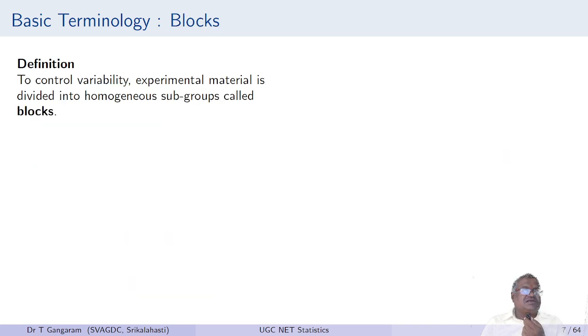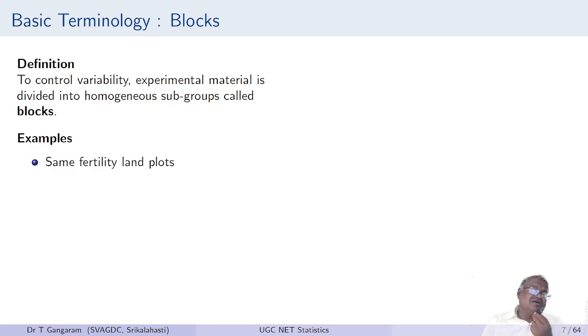Next is blocks. To control variability, experimental material is divided into homogeneous subgroups, like homogeneous strata in sampling. The homogeneous subgroups are called blocks.